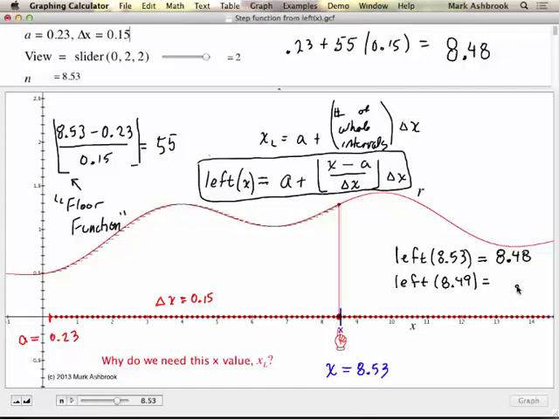What's the output of left? Go. And find left of 7.